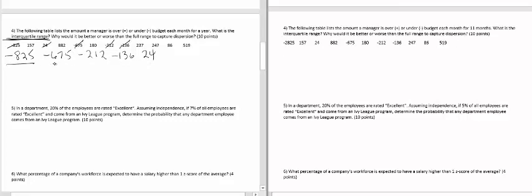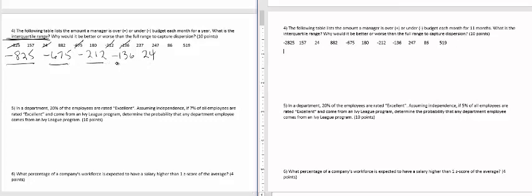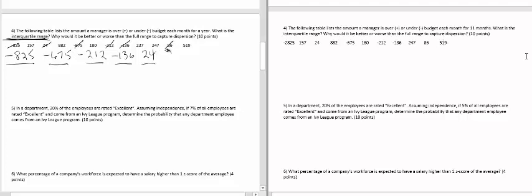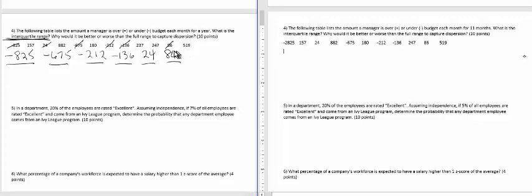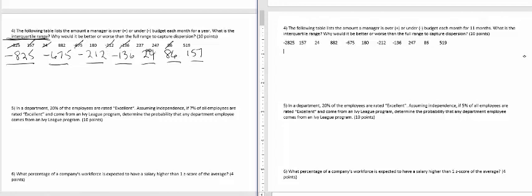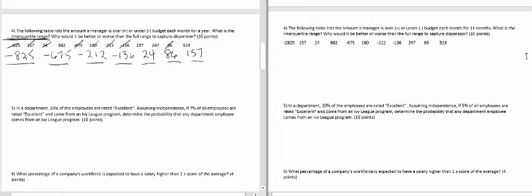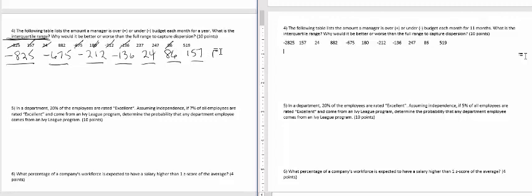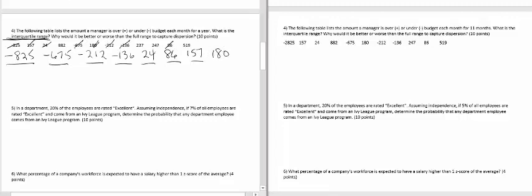And you know what? I'm going to put lines under these because otherwise it's easy to lose sight of it. So 24, then the next one would be this 86. And then the next highest one would be this 157 over here. Then the next lowest one would be this 180. Then the next lowest one, did I X out the 80?